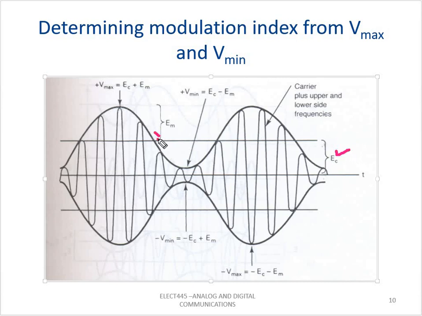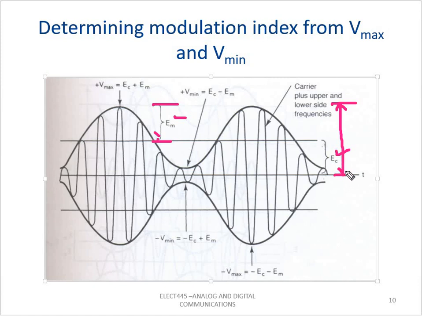You can see from this place to this place, this is EM. So EC plus EM is Vmax. From the reference point to exactly this point, this is our Vmax.